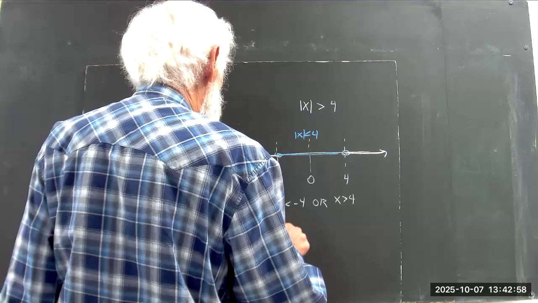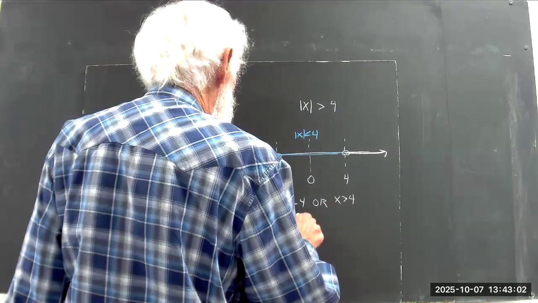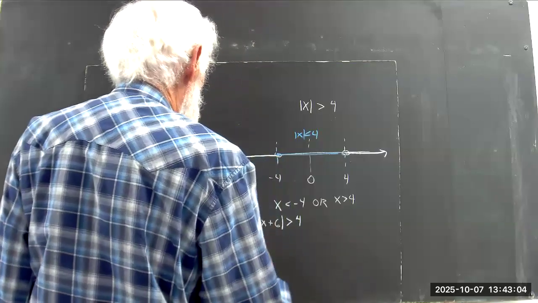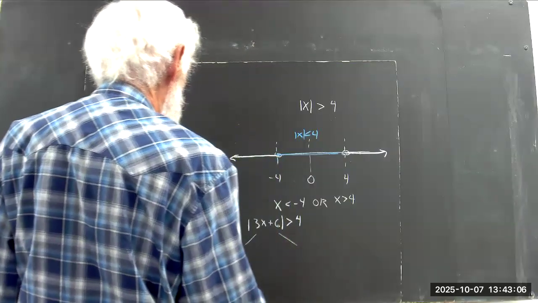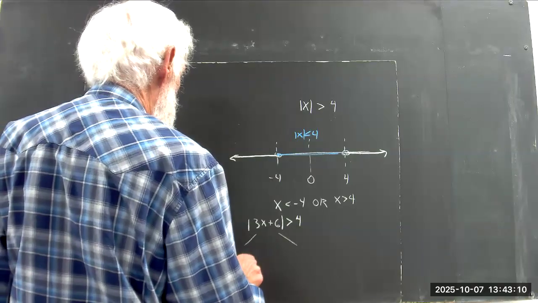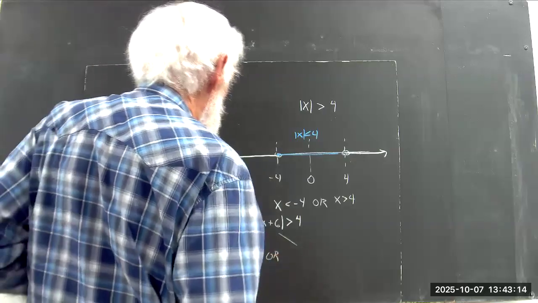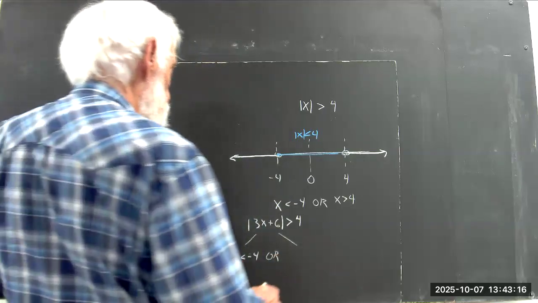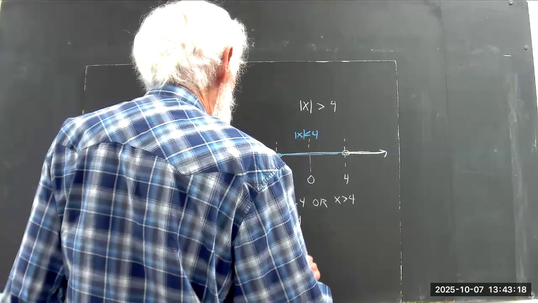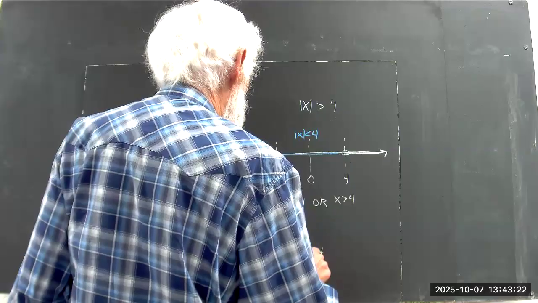So then, for example, absolute value of 3x plus 6 greater than 4 breaks into two inequalities: 3x plus 6 less than -4, or 3x plus 6 greater than +4.